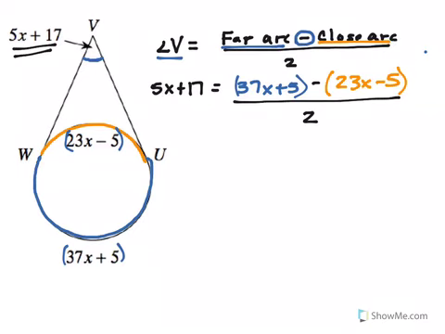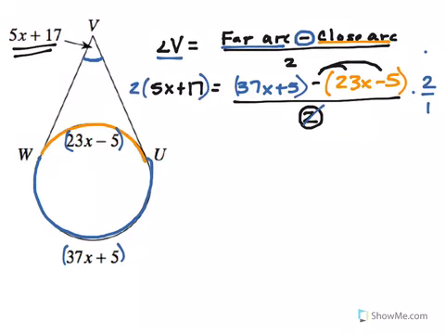So we're going to do a few steps here. First, we want to distribute in this negative. The negative is going to carry to both, and in order to get rid of this 2, we're going to multiply both sides by 2. And that will look like this.